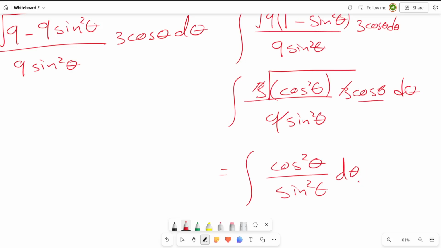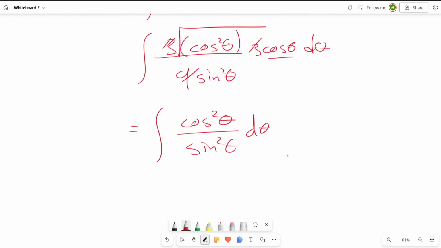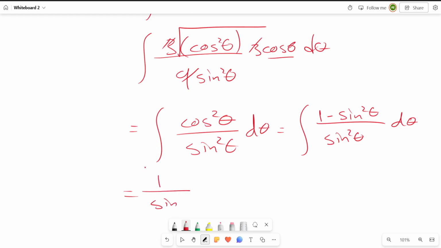We should try to change this cosine squared theta into 1 minus sine squared theta, so this is 1 minus sine squared theta over sine squared theta. I'll split this fraction into 1 over sine squared theta minus sine squared theta over sine squared theta, which is basically 1.